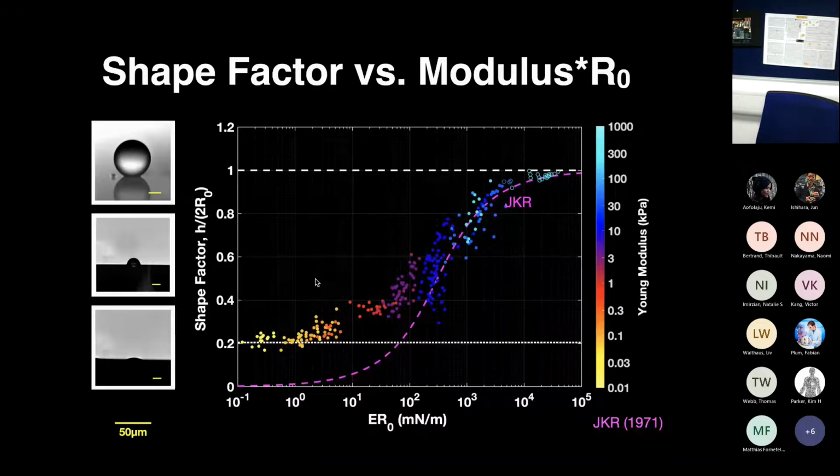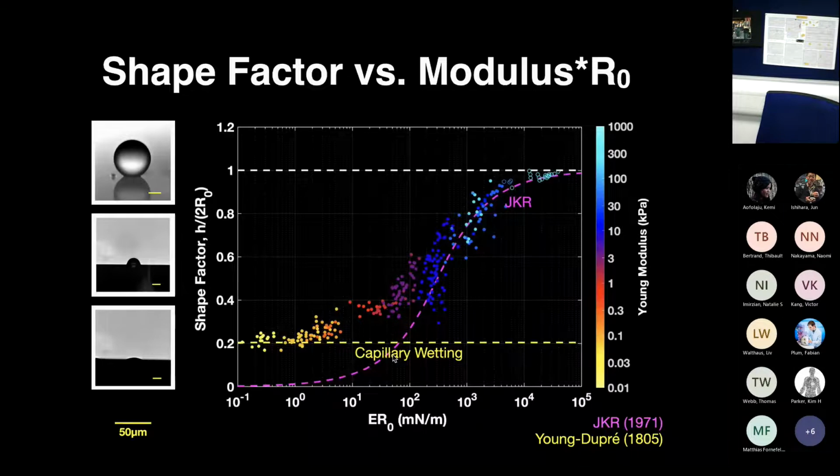On the other hand, since we've seen that these materials can behave in elastocapillary ways, particularly at smaller length scales and on more compliant surfaces, we might think about a purely capillary solution for the softest spheres. And actually, that's exactly what they look like. As I mentioned before, a pure liquid establishes constant contact angles, which is equivalent to saying you have a constant shape factor. So this empirical horizontal line here is completely consistent with a Young-Dupré wetting model.